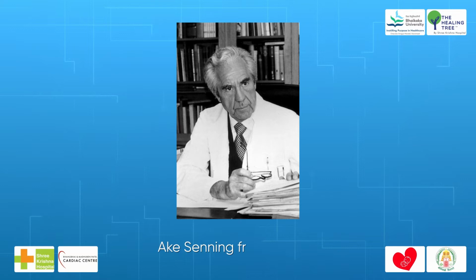In 1959, Åke Senning from Sweden first published an ingenious technique for physiological correction of transposition of the great arteries, TGA, utilizing flaps of atrial wall to interchange the venous inflows into the two ventricles. The procedure, which takes his name, became the first viable intracardiac surgery for the relief of cyanosis in patients with TGA.